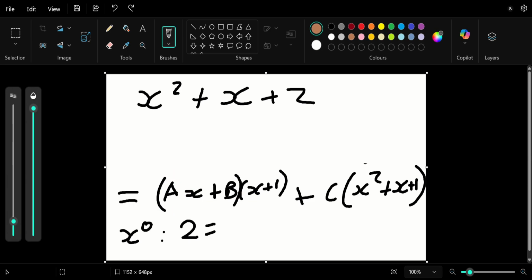We take this b, that makes a bx, but however, this makes a b, that's going to contribute and add to the constant. Here, cx squared, nope, that's just a quadratic. Cx, nope. C plus 1, yep. So we can make an equation of b plus c being equal to 2.